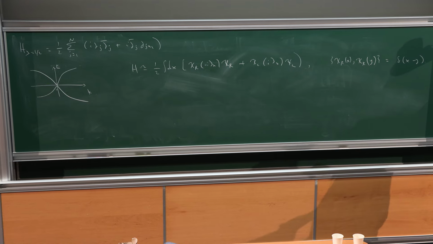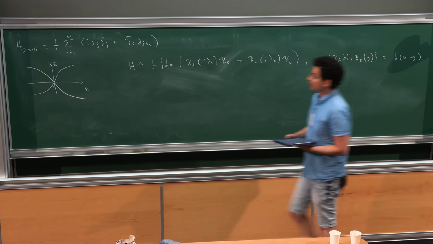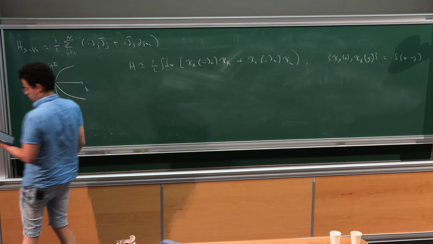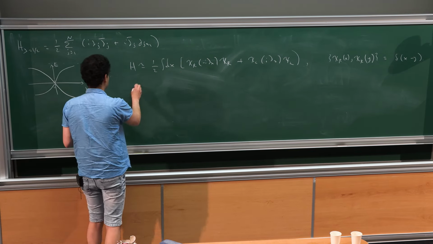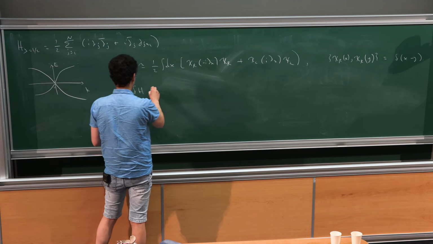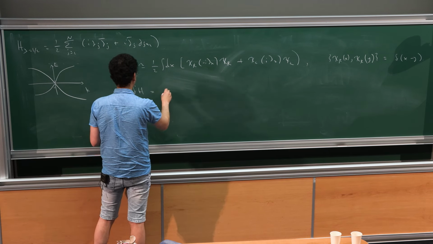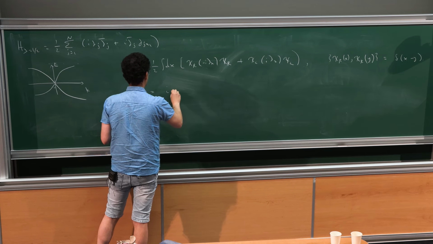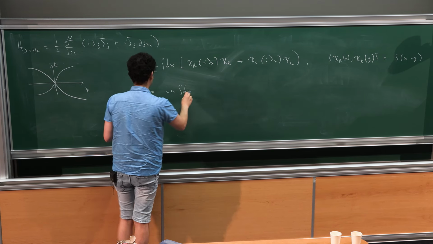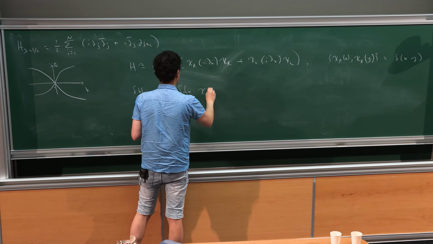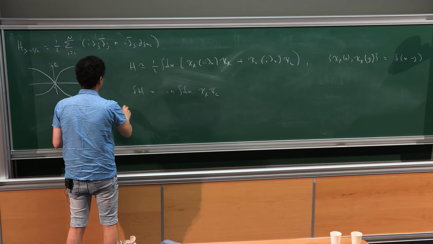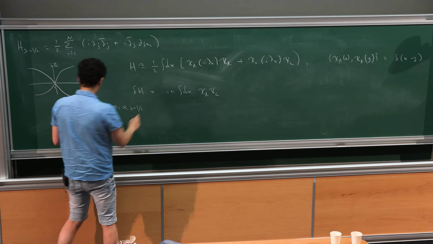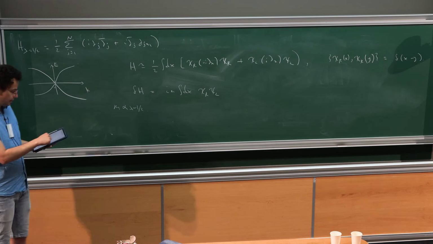Okay. And when I tune lambda away from 1/2, that just corresponds to turning on a mass term, coupling the right and left moving Majoranas, i m chi right chi left. So m for lambda close to 1/2 is proportional to lambda minus 1/2.